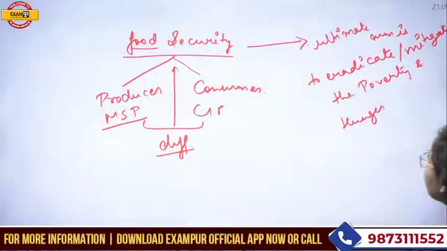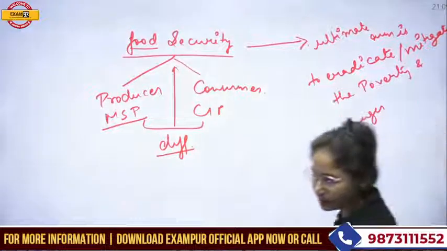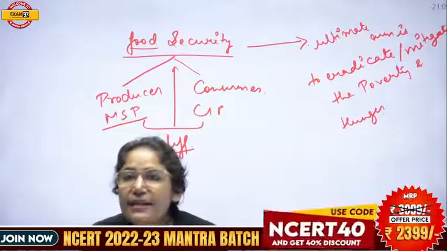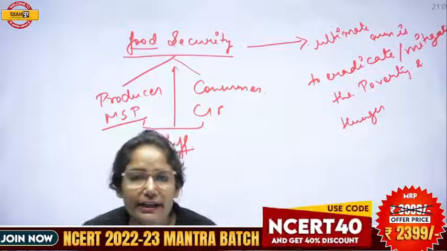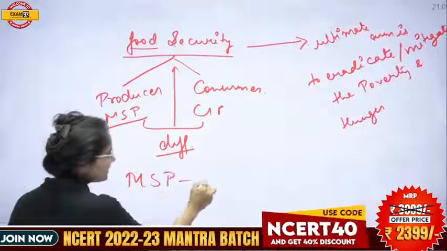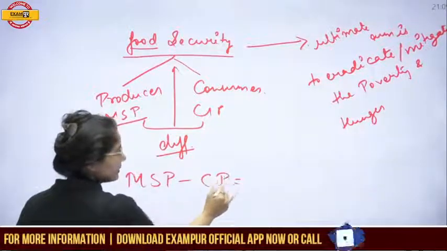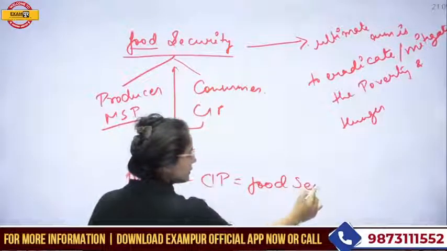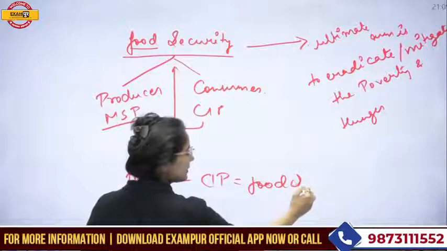So we just have to make the food security. It is the basic difference. I hope you get a glance that MSP minus CIP is making the food security, the food subsidy.